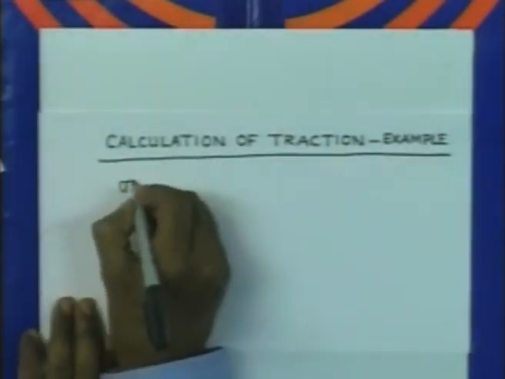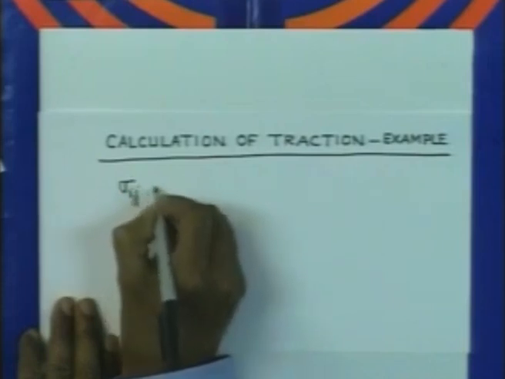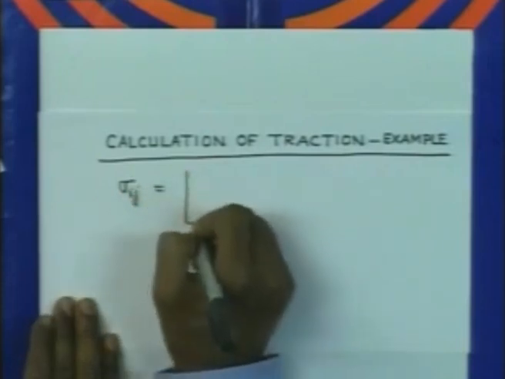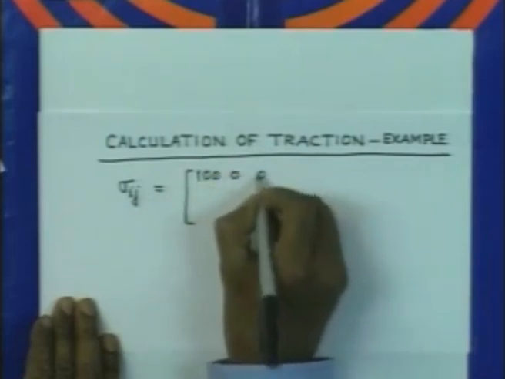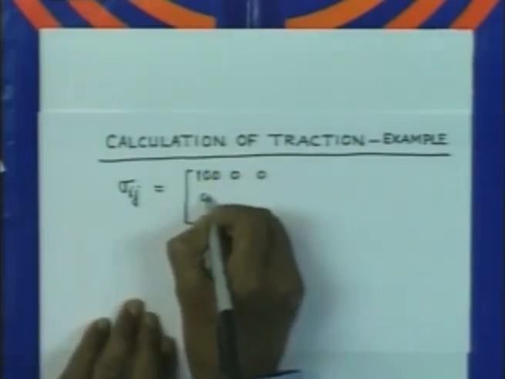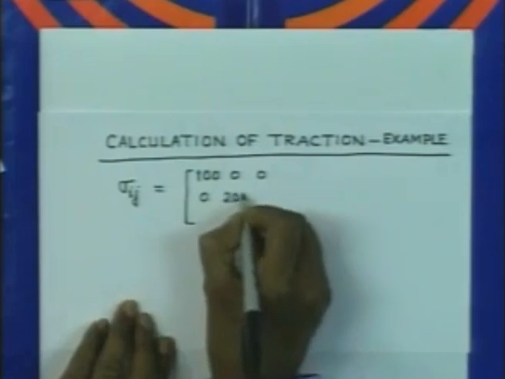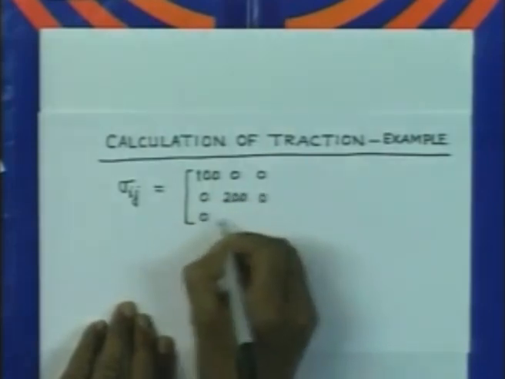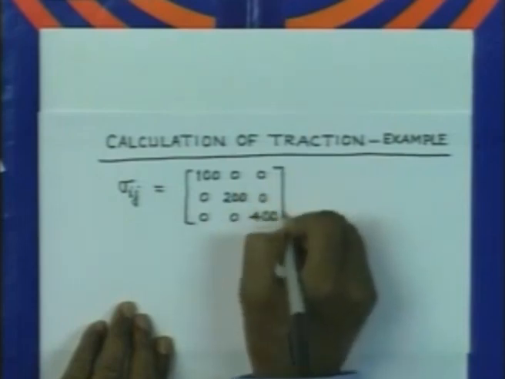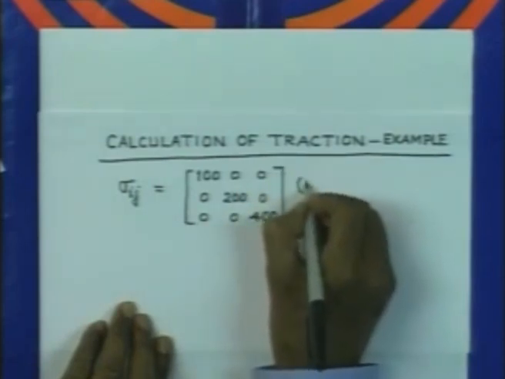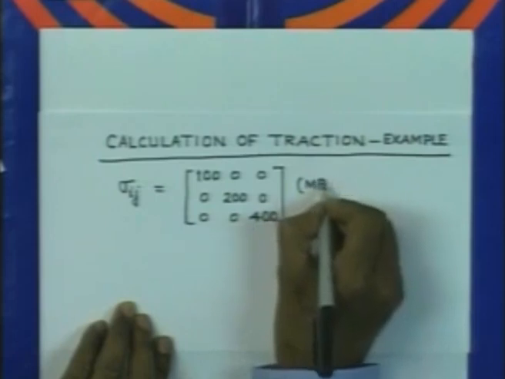Given the stress tensor at a point like this, 100, 0, 0, 0, 200, 0, 0, 0, 400, these are the stresses at a point.